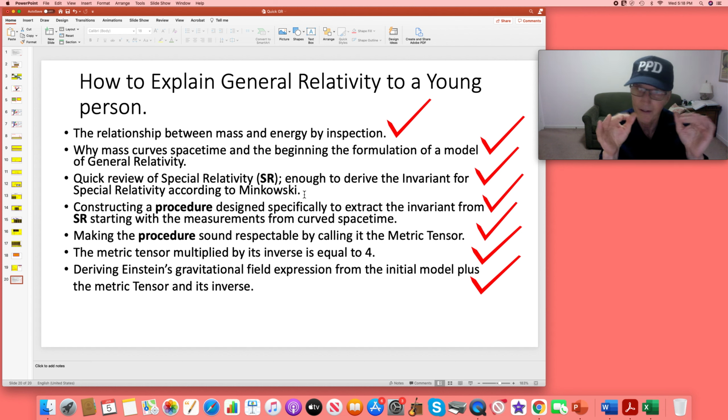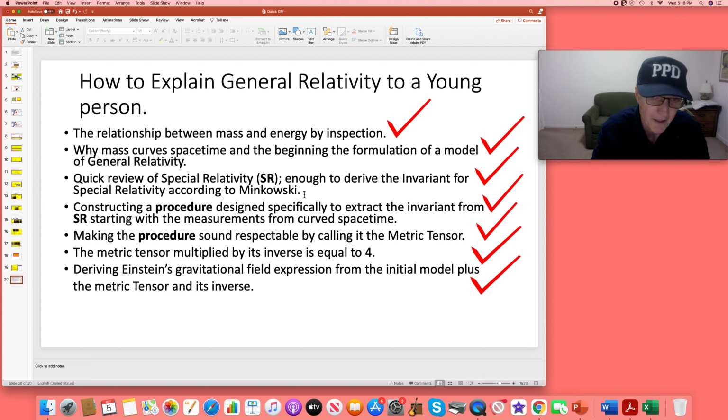And then the really interesting way that they expressed it at the end. And then making the procedure sound respectable by calling the major portion of it the metric tensor, which I find kind of funny because they just call it G and they expect you to somehow magically see what all that is doing. Or actually, I don't think they do expect you to see it.